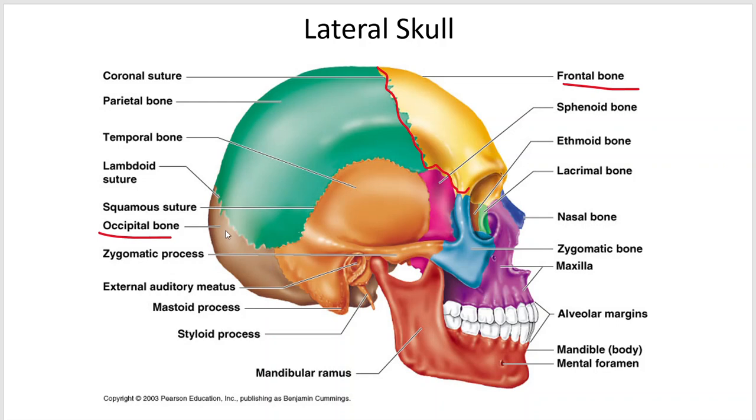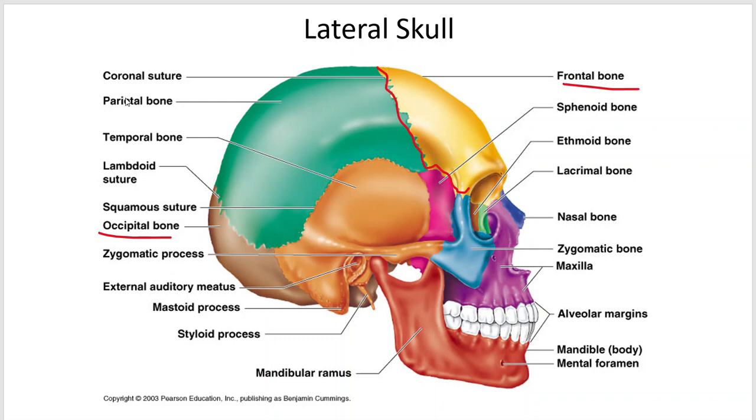This one in the back is going to be the occipital bone. We'll see some more on a different view. The parietal bone, there are two of them. There's one on this side and one on the other side of the skull. And that's really all that we need to know on that guy.